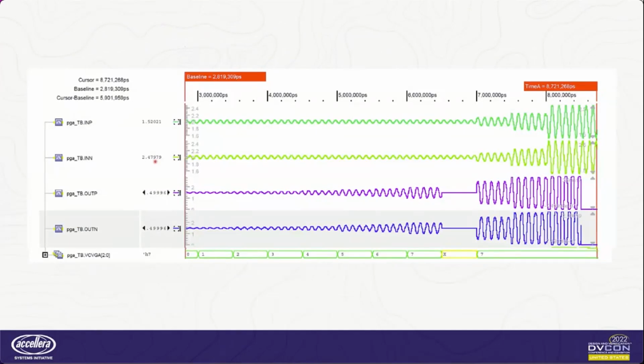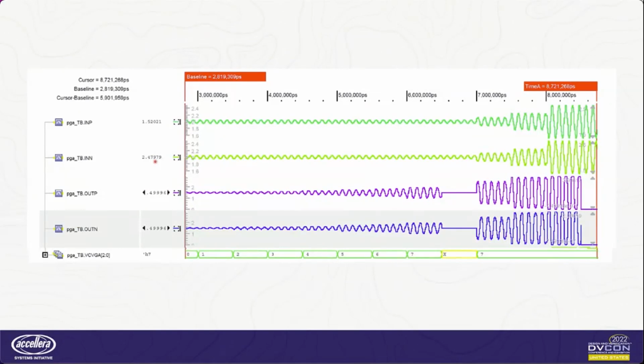So let's look at how this is implemented for our example design. Our design is a programmable gain amplifier. So we have two analog inputs, our INP and INN, and these signals are sine waves in this case.